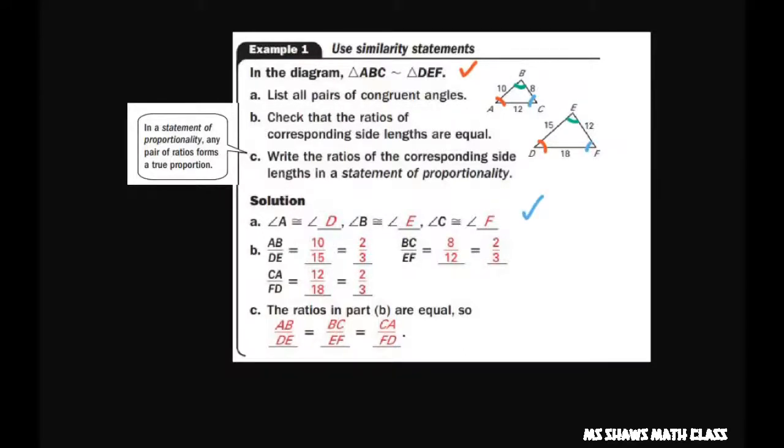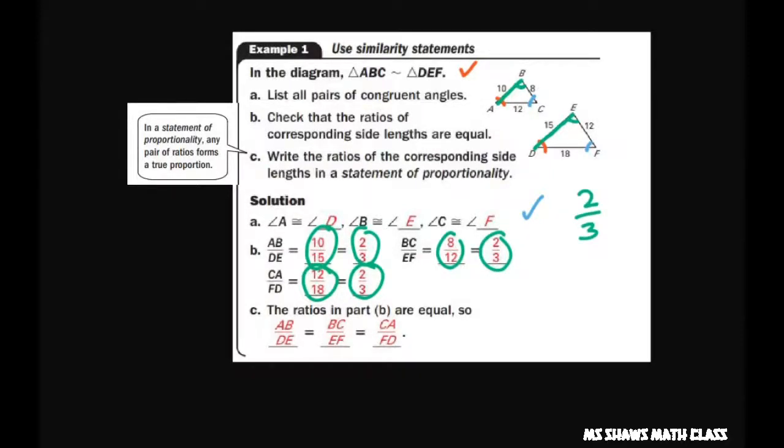And check that the ratio of the corresponding lengths are the same. So basically what they're doing is saying, for example, this one, AB and DE. So that's 10 over 15, reduce it, 10 and 2/3. If you check the others, they all should equal 2/3 because that's going to be your scale factor.